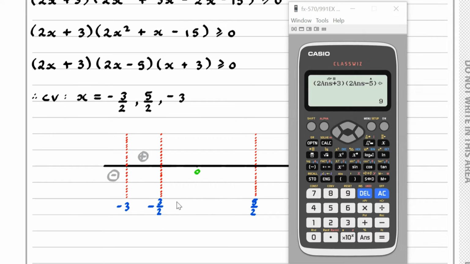Let's now test a value in between negative 3 over 2 and 5 over 2, such as 0. Well, we've got 3 times negative 5 times 3.